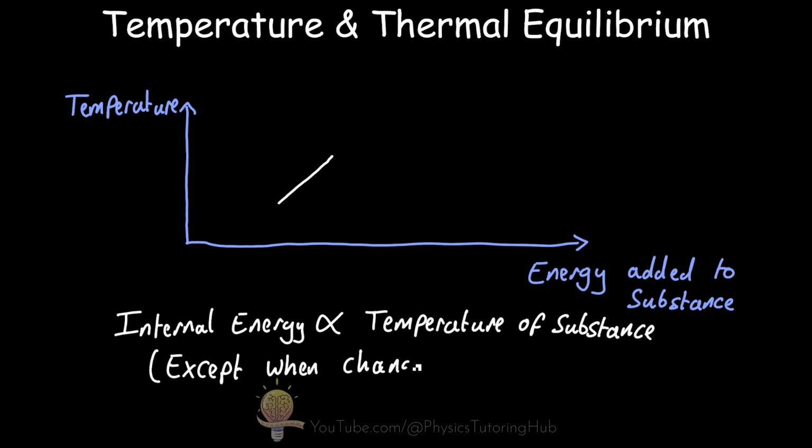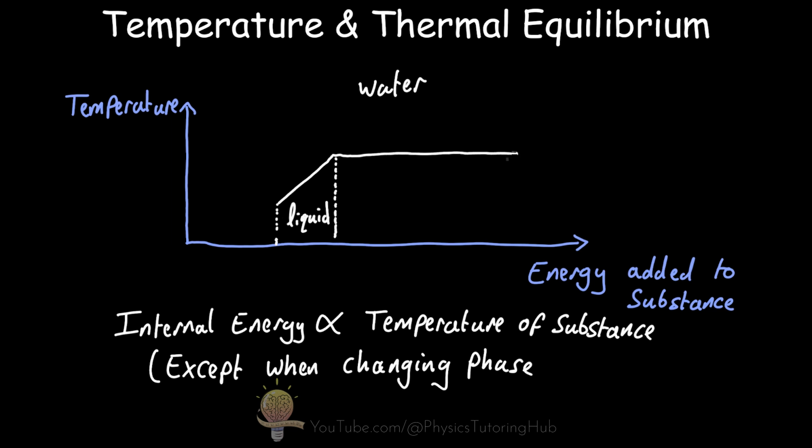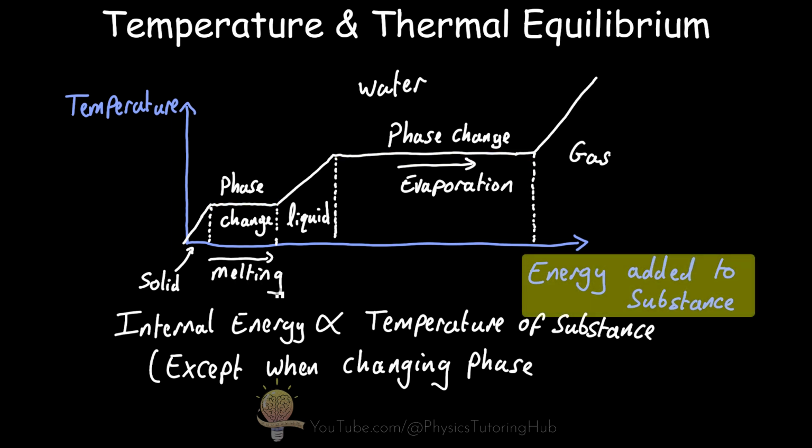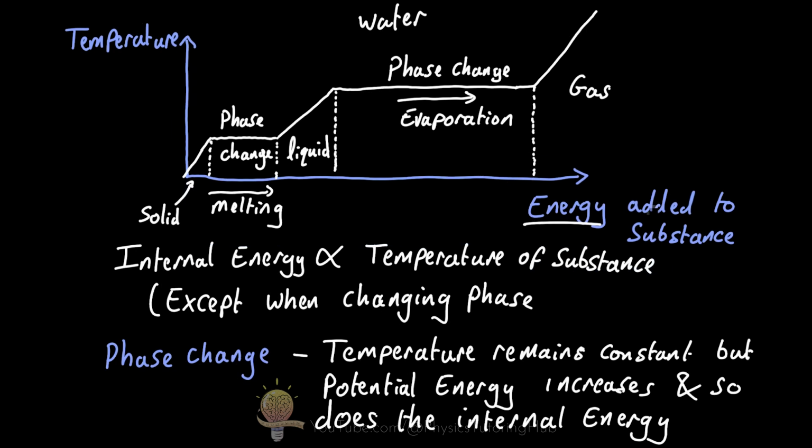But when the substance is changing phase, and it's going from a solid phase to a liquid phase, or if it's going from liquid to a gas, then energy is required to break the bonds that are holding the particles together. So during a phase change, the temperature remains constant, but the potential energy of the substance increases, and so does the internal energy. And in the next few lessons, we'll talk about phase changes in more detail.